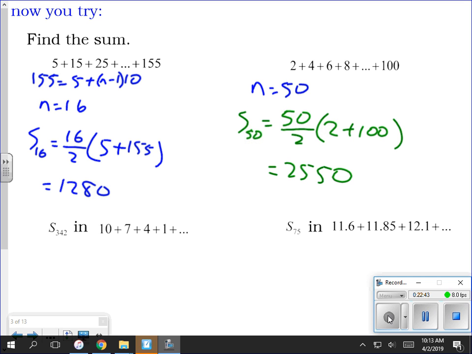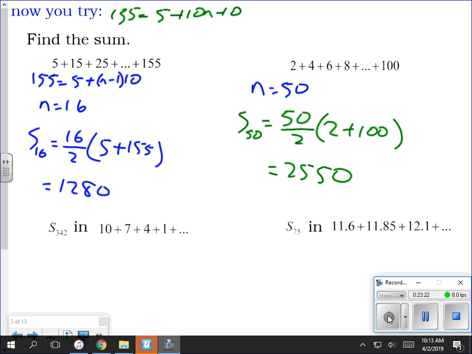Yes? How did you get that answer for the first question? What do you mean, the n? Yeah, 155 plus 5 is 160, and then times 8. So you get minus 5. When you do this out, you end up getting 155 equals 5 plus 10n minus 10, right? 5 minus 10 is negative 5.